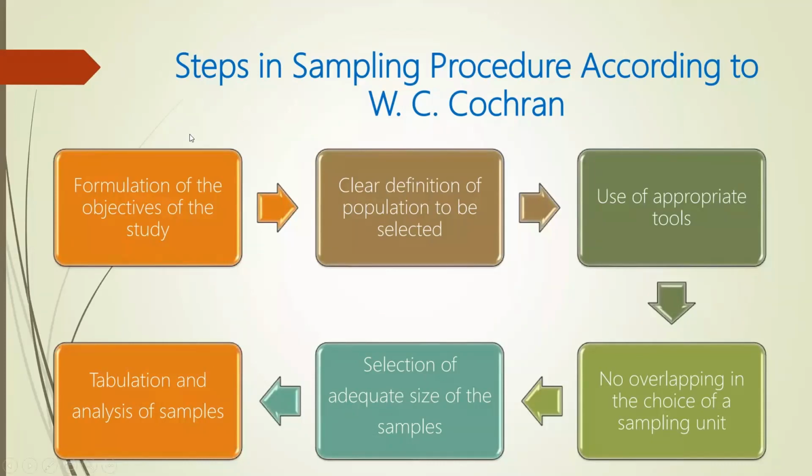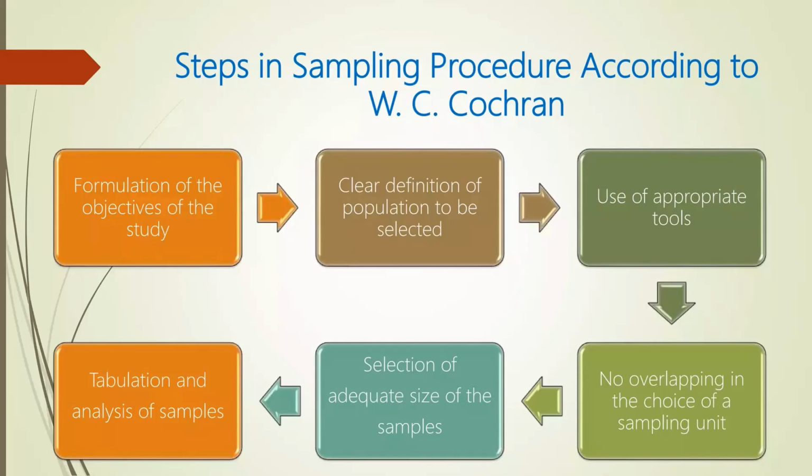So the first is formulation of the objective of the study. Whenever you're doing sampling, it should go with your objective, right? Whatever formulation you did for the objective, the sampling should be according to that.